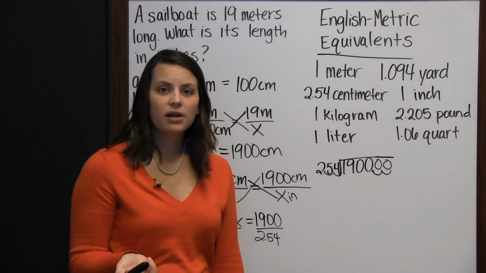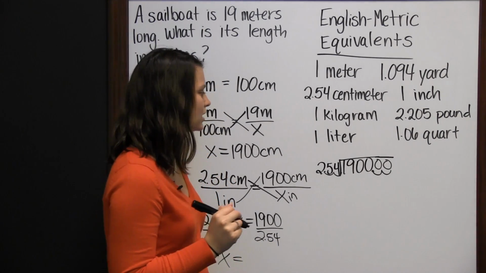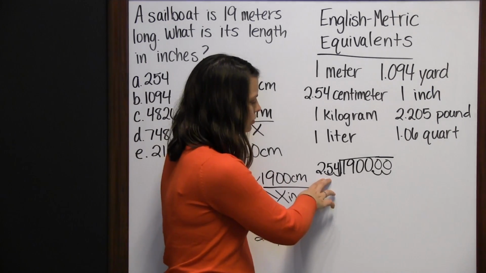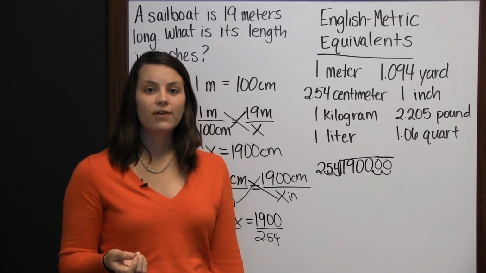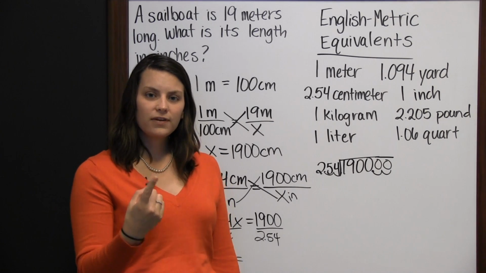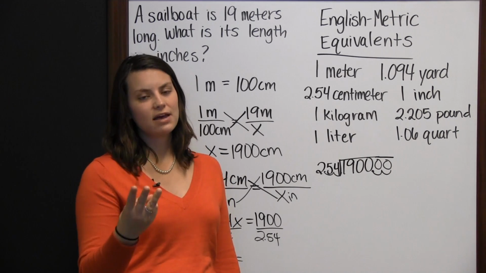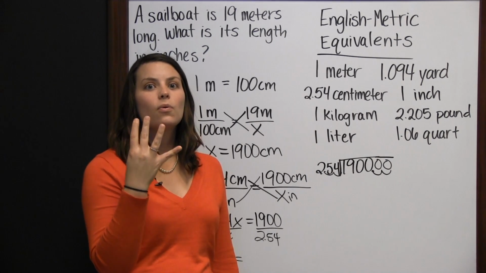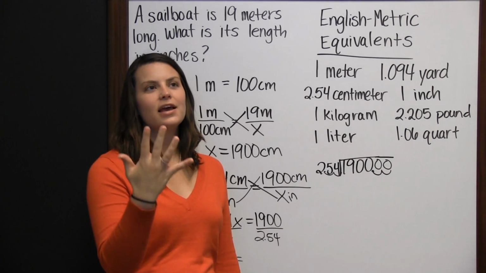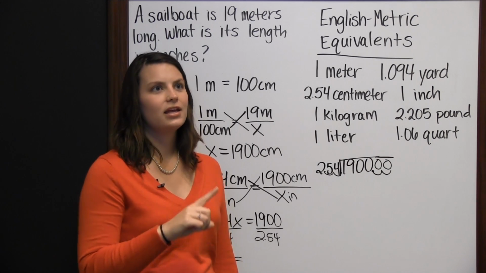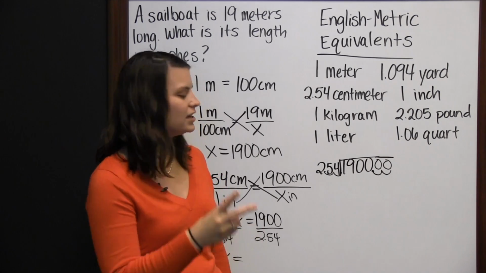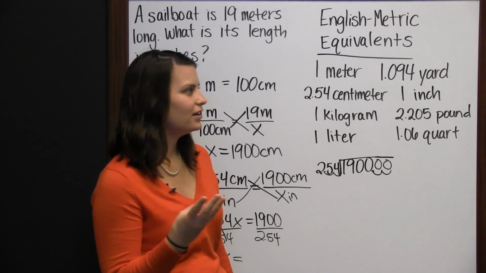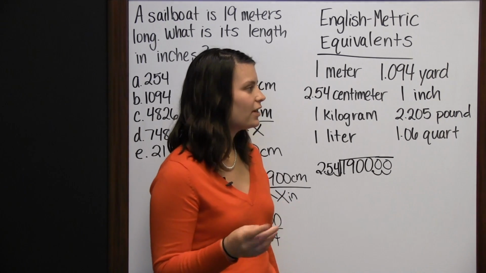And we can use compatible numbers here to get a very quick estimate of how many times it goes into 1900. So 254 is very close to 250. So 250, 500, 750, 1,000, 1,250, 1,500, 1750, 2000.